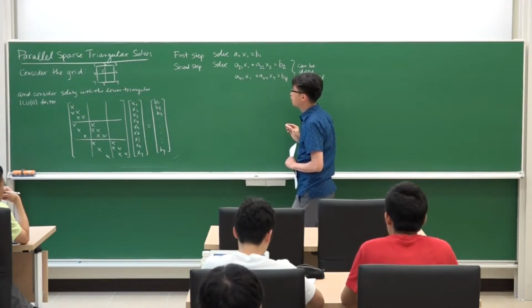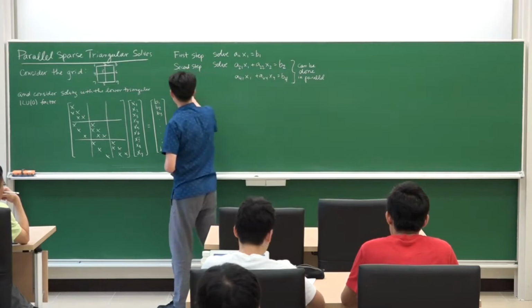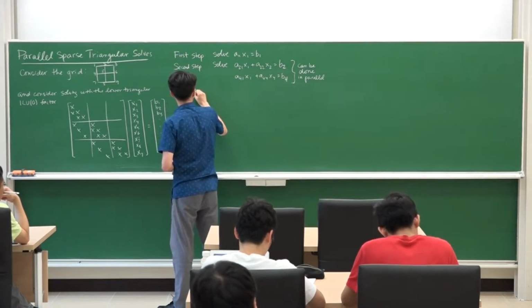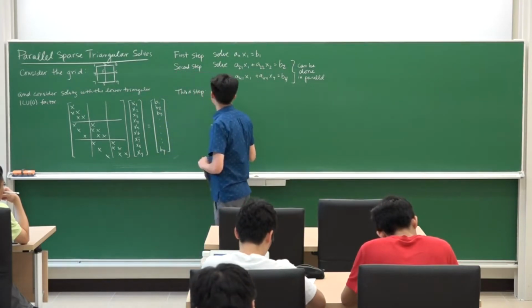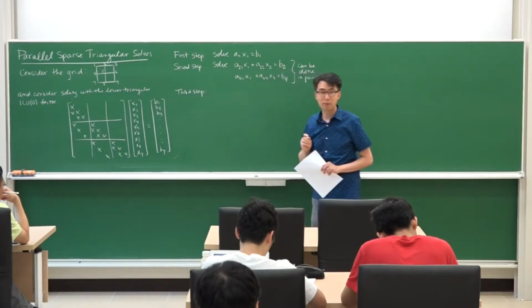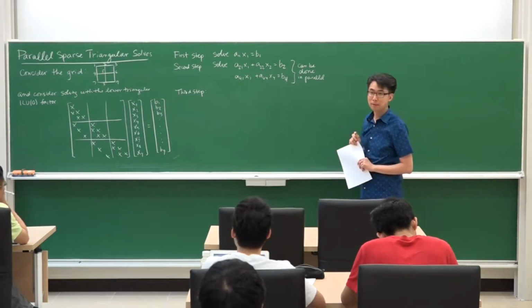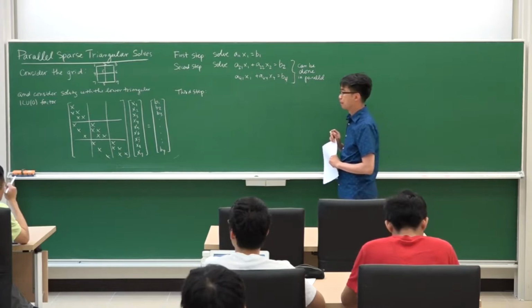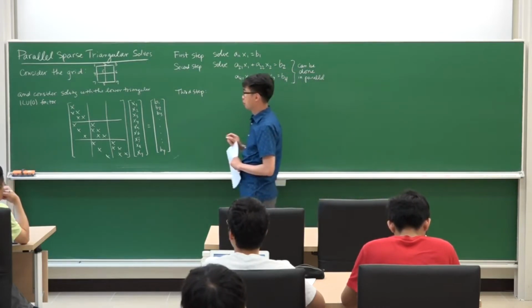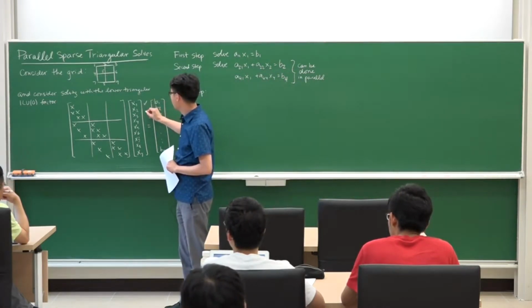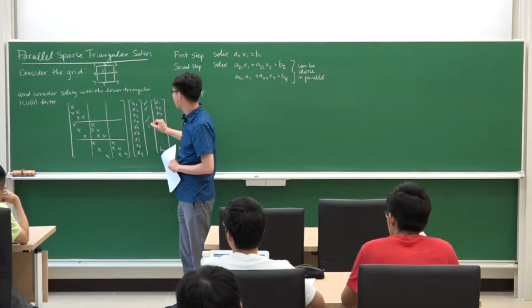Okay, and how about the third step? Which ones can we compute in parallel in the third step? We've already computed x1, x2, and x4.